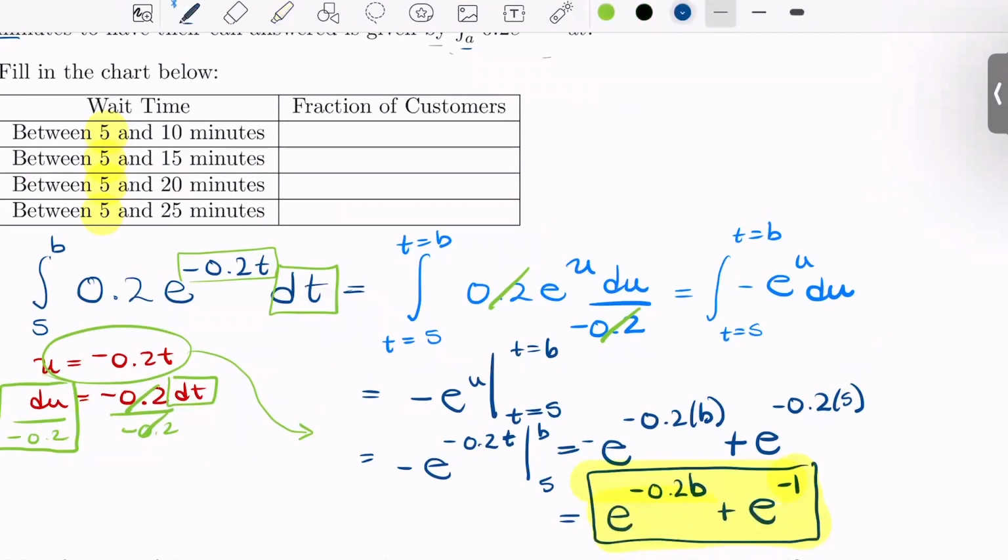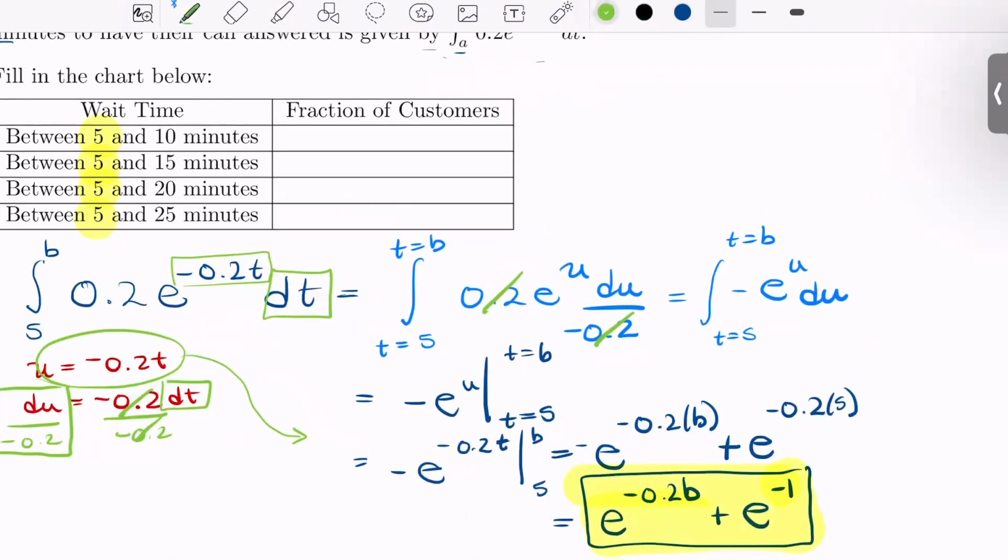So let's do that. For this first value, we're going to plug in b equals 10. That's going to look like negative e to the negative 0.2 times 10 plus e to the negative 1. We can compute that and we get 0.233. We can think of this as a fraction, and it's in decimal form.